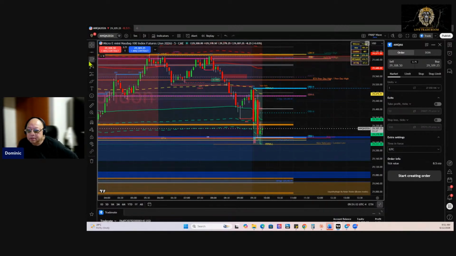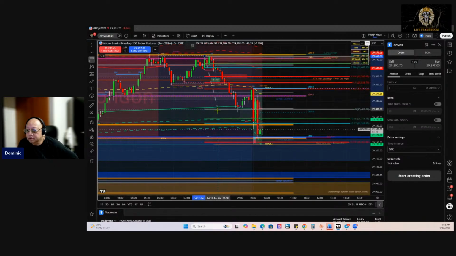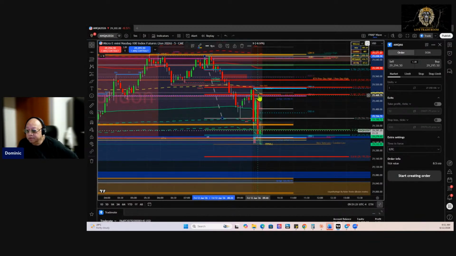Again, same thing. I would draw my fib up here when it started, pulled back right into the 50%. That's what they like, between the 50 and the 61.8. And it hit the first target, which is right there, the extension. The next extension is down here.